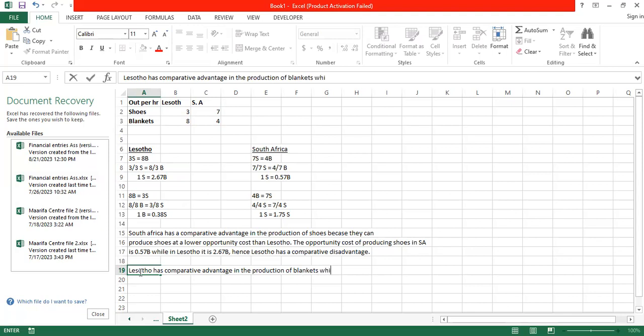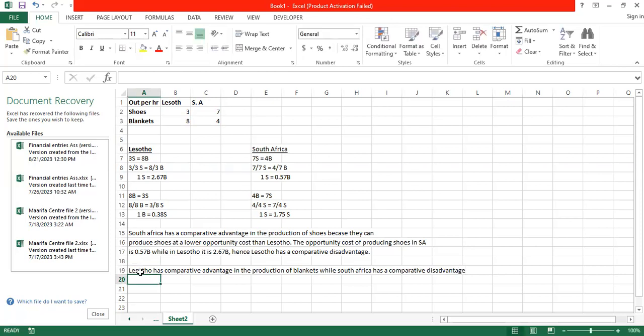In the production of blankets, while South Africa, I'm tired of typing, has a comparative disadvantage in the production of blankets.